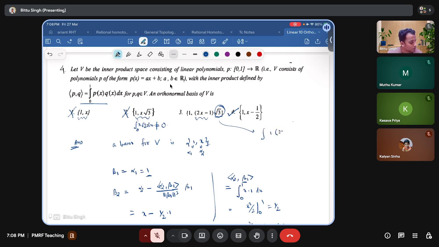So 1 times 2x minus 1 root 3 dx, 0 to 1. So first one will be x square by 2 minus x. So yes, the same. This is the reason. That is, you cannot cancel root 3. There will be some root 3 terms.